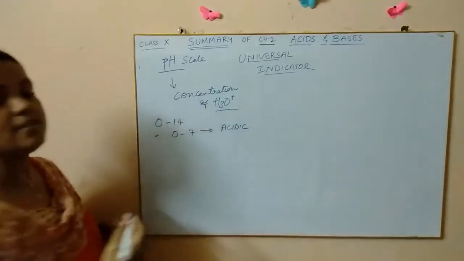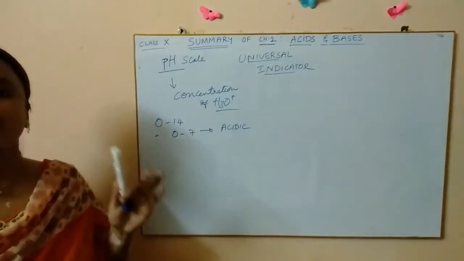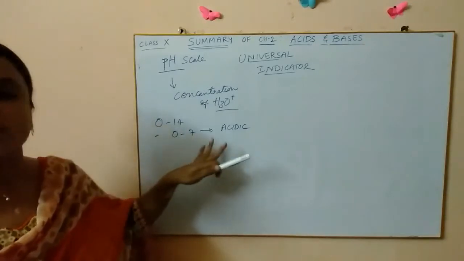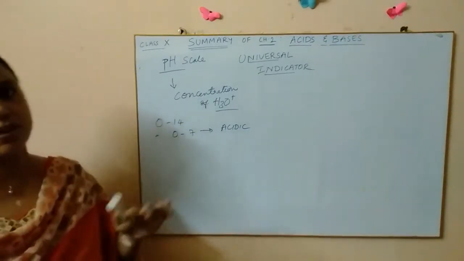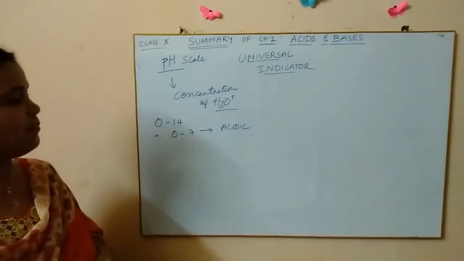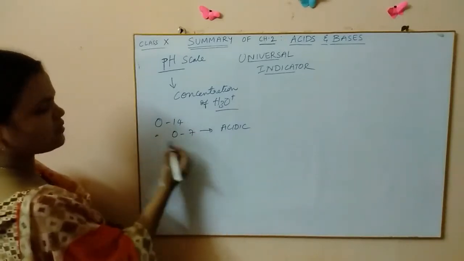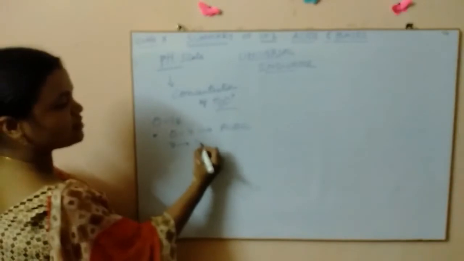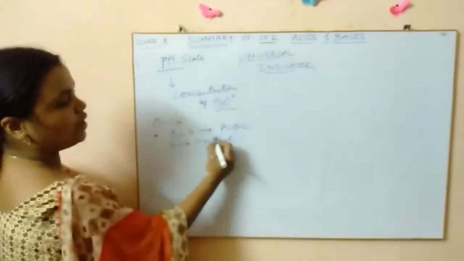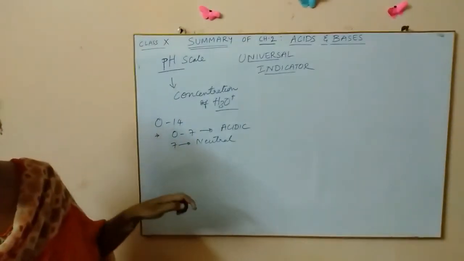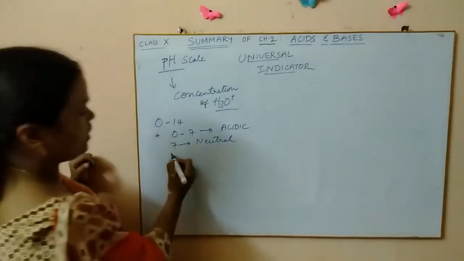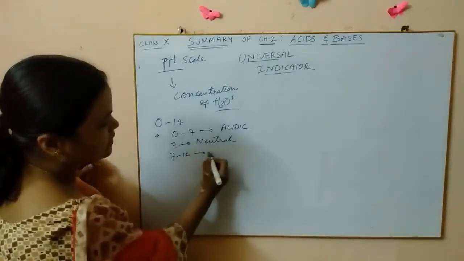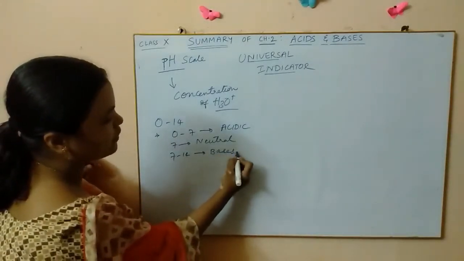Acids have a pH value of 0 to 7. It can be 1.1, 1.2, decimals also. Then if it is 7, it is a neutral substance. Neutral substances have a pH of 7. Then 7 to 14: bases have a pH of 7 to 14.